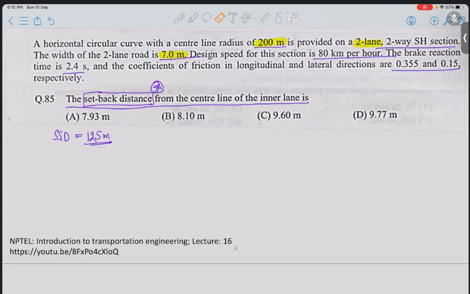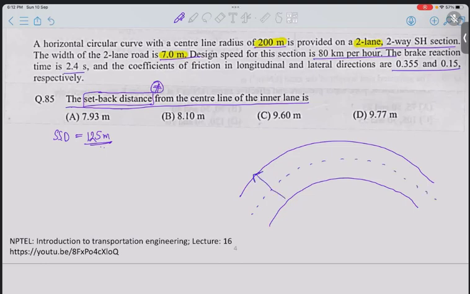Before that, let me just give you a hint. When we are on a curve, for simplicity, let me draw a single lane. A single lane width, if anyone asks you, is 3.75, and for any n-lane road, it is n into 3.5. But for single, it is 3.75.